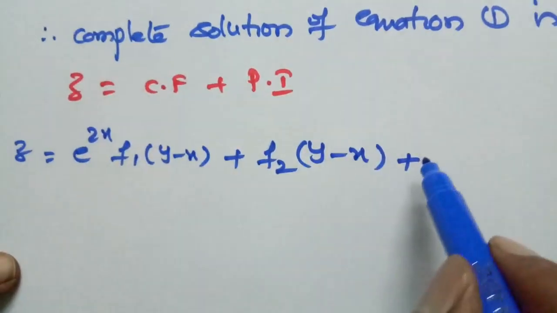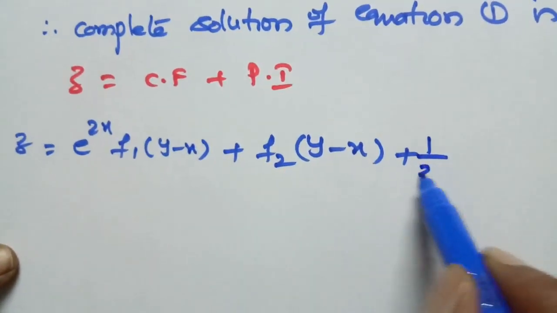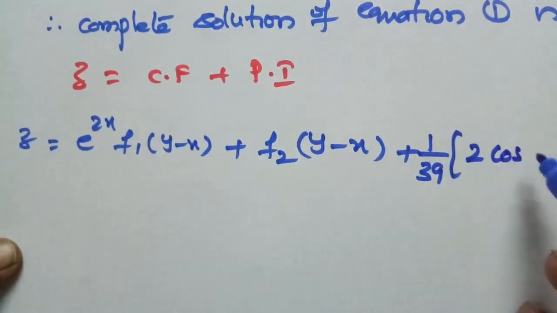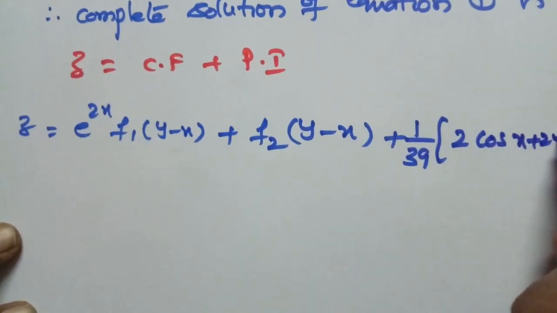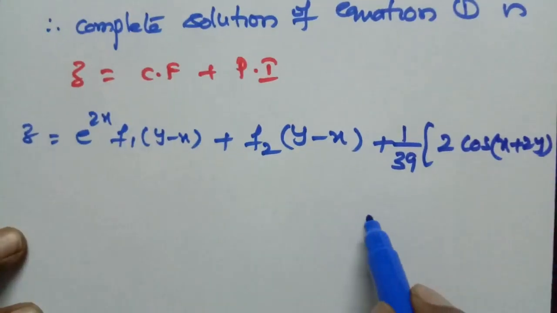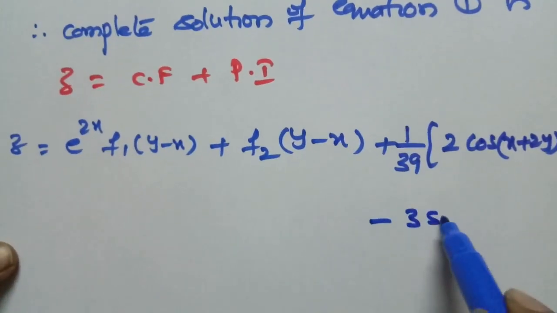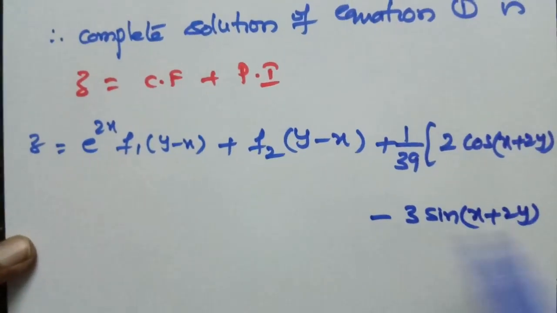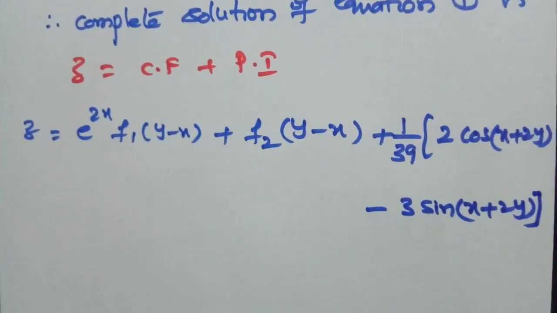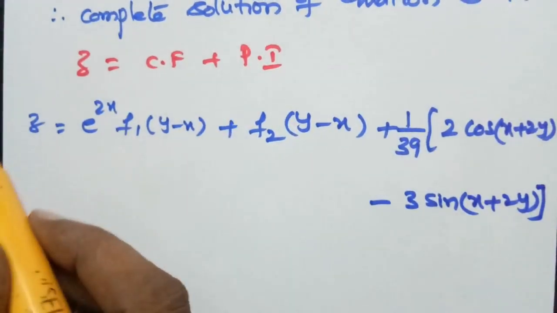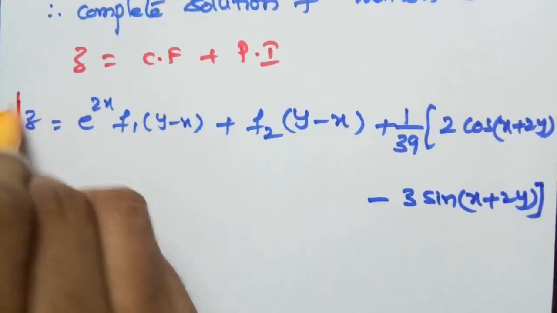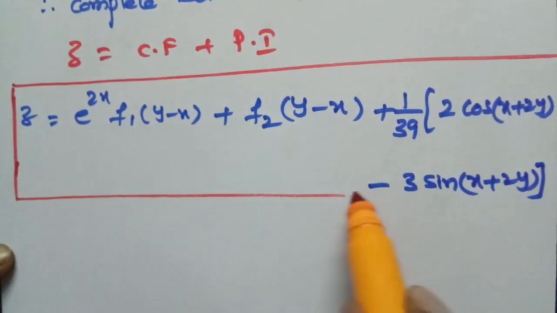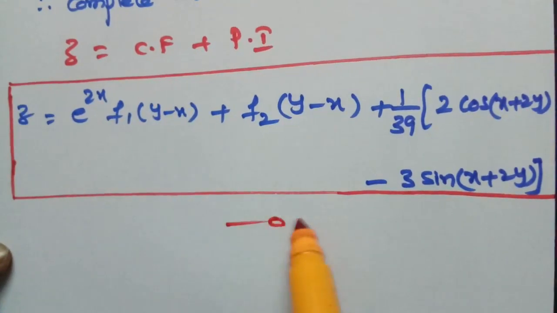Therefore that is equal to 1 by 39 into 2 times cos(x + 2y) − 3 times sin(x + 2y). This is the required complete solution of the given equation number 1.